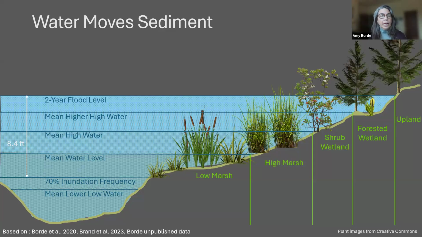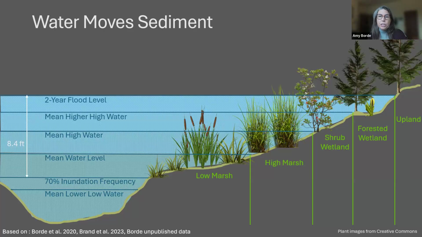So the areas that are inundated very frequently at the lowest elevations tend to have the highest sediment accretion because of the frequency that they are receiving the water and the sediment that comes along with it. And as we move up the elevation gradient, we typically see that it's inundated less frequently and less sediment is deposited in those areas.